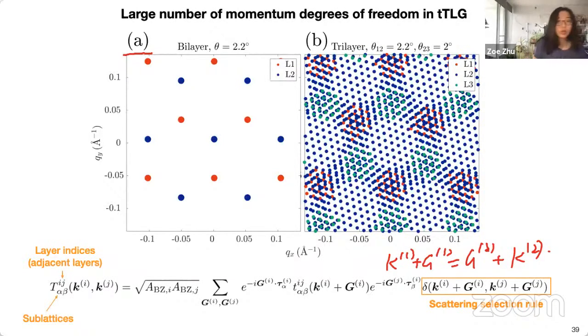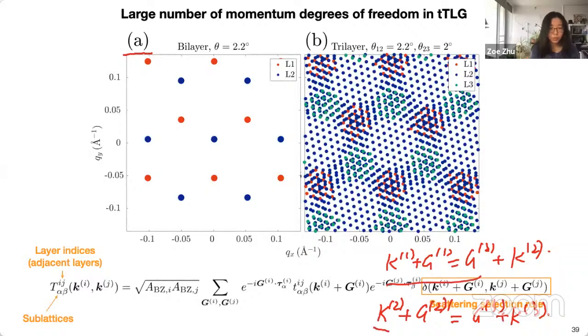But now with a third layer, we have a second selection rule that we have to obey, which is k2 plus G2 prime equals G3 plus k3. So if you plug in the k2 from the first expression, we obtain a relationship between the layer 1 and layer 3 momentum degrees of freedom.